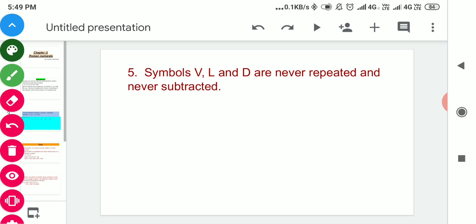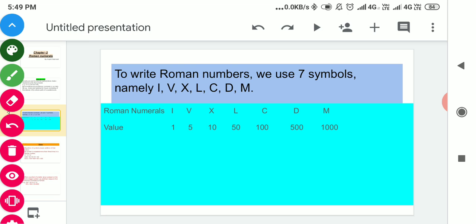For easier, you can see here the numbers V, L and D cannot be subtracted and cannot be repeated. Only I, X, C and M can be repeated, and only these can be subtracted. So for easier, you can see the values starting from 5 cannot be subtracted and cannot be repeated also.